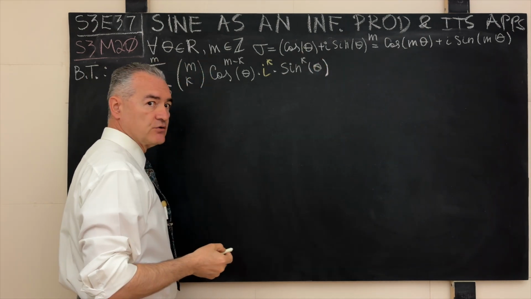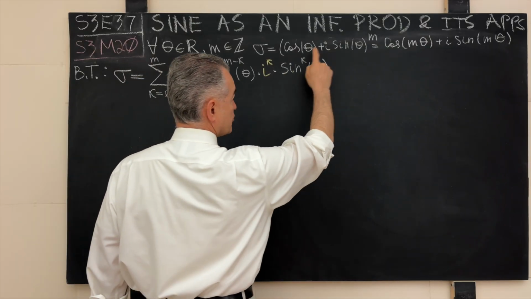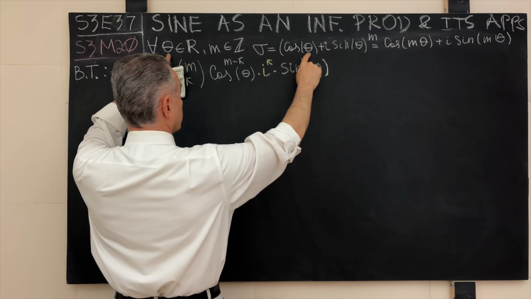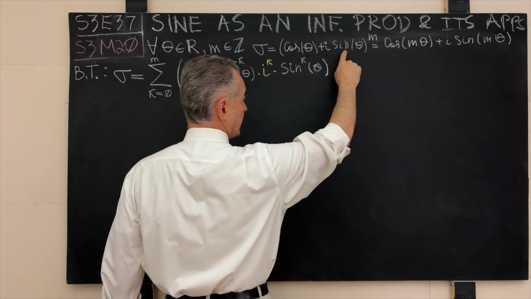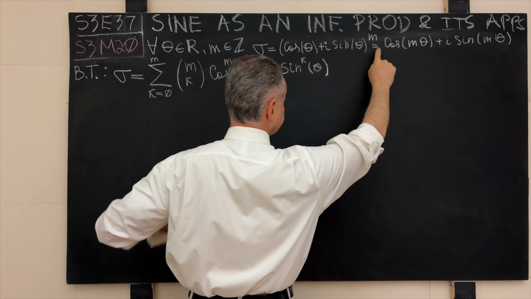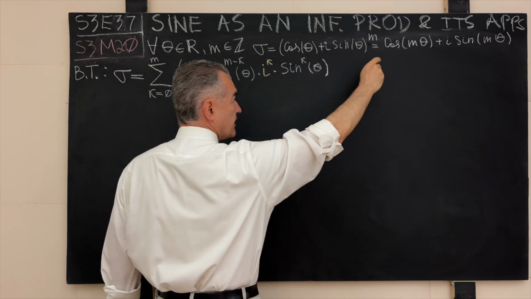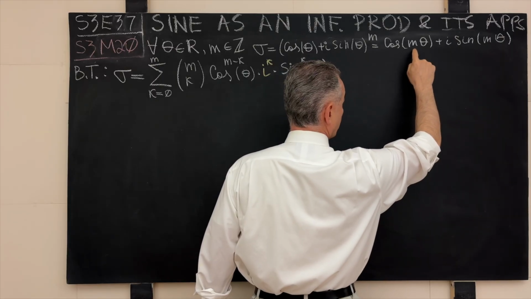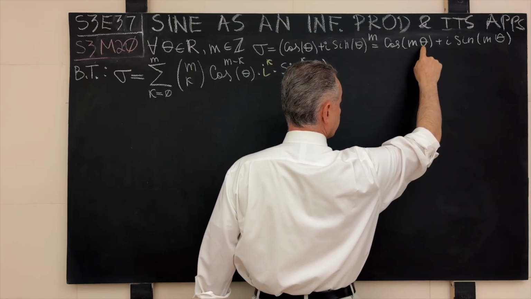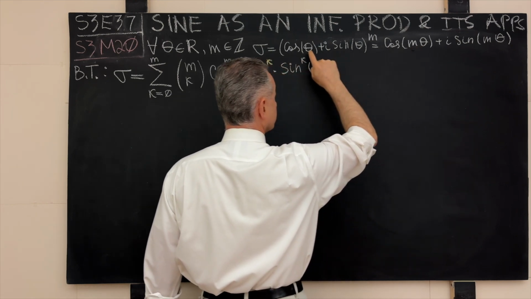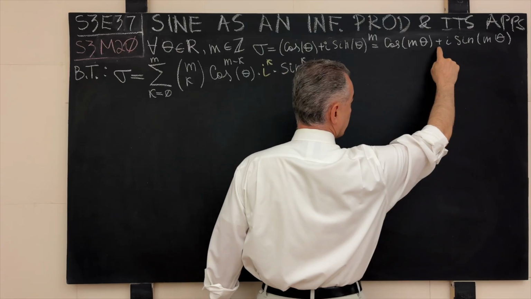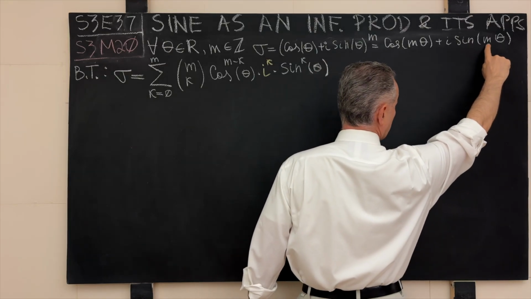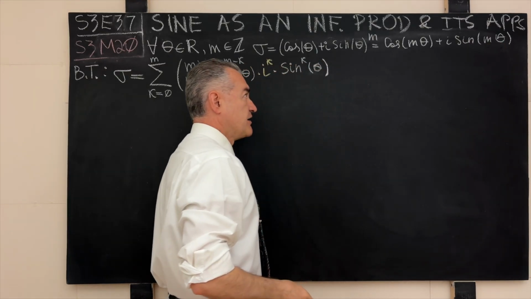Geometrically, any point taken on the origin-centered unit circle, and algebraically such a point has the following incarnation: cosine of theta plus i, the imaginary unit, times sine of the same angle theta, raised to the integral power m, can be represented as the sum of the following two terms only: cosine of m times theta plus i times the sine of the integral multiple m theta. This is step number one.